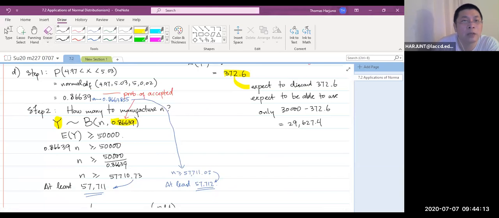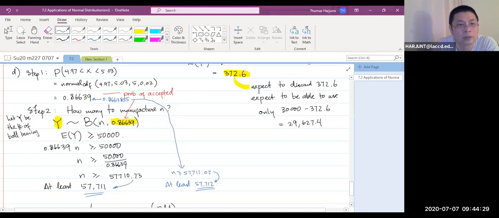So let me, I think I need to write it down. Yeah. So let Y be the number of ball bearings accepted, because at the end we want to see the accepted 50,000.